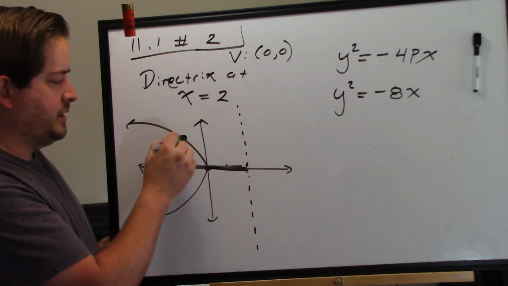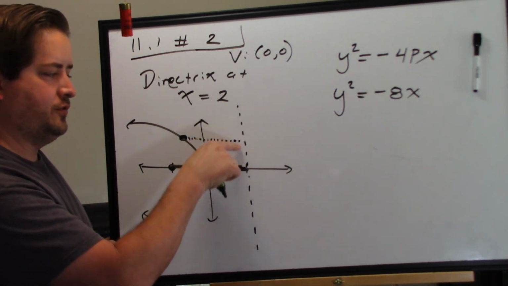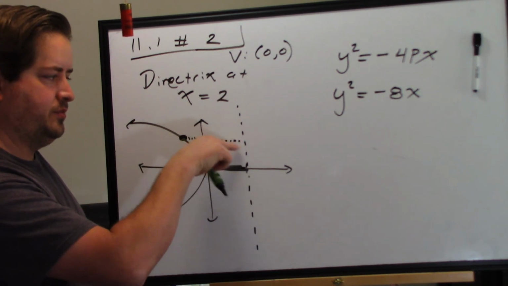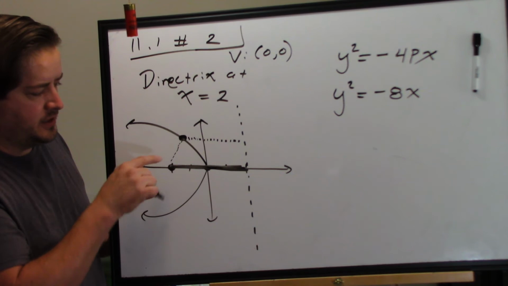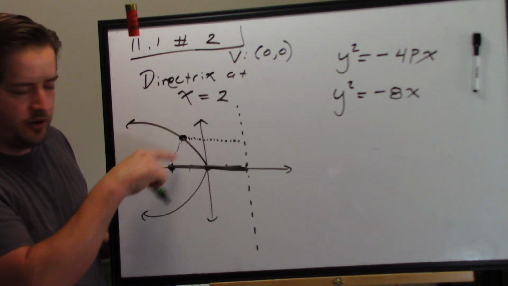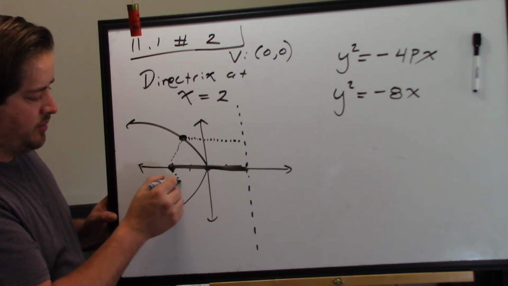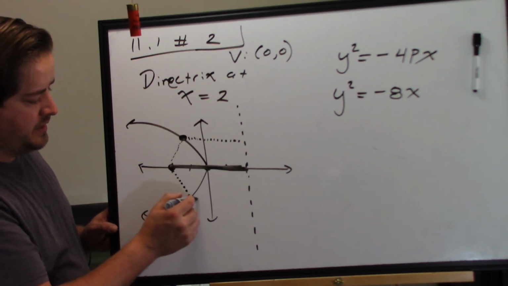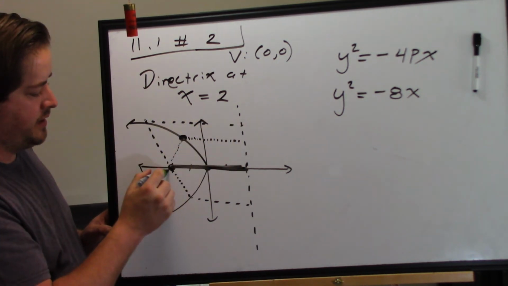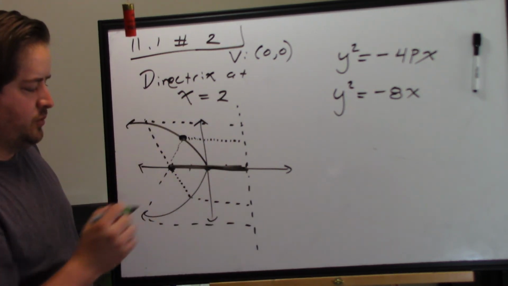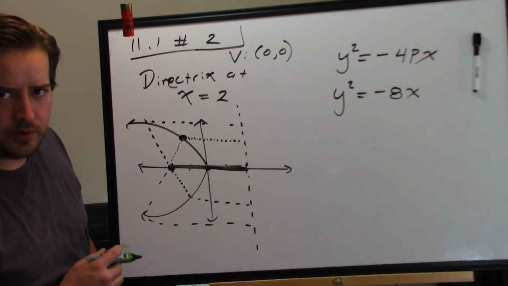Any other point on this parabola, the distance it is from the directrix, the straight line perpendicular distance, is the same as the distance it is from the focus. Not a great drawing, obviously that doesn't look right, but if I could draw a parabola worth a darn, it would be. This distance here is the same as that. The distance between here and here should be the same as the distance there and there, right? And that's what builds a parabola.